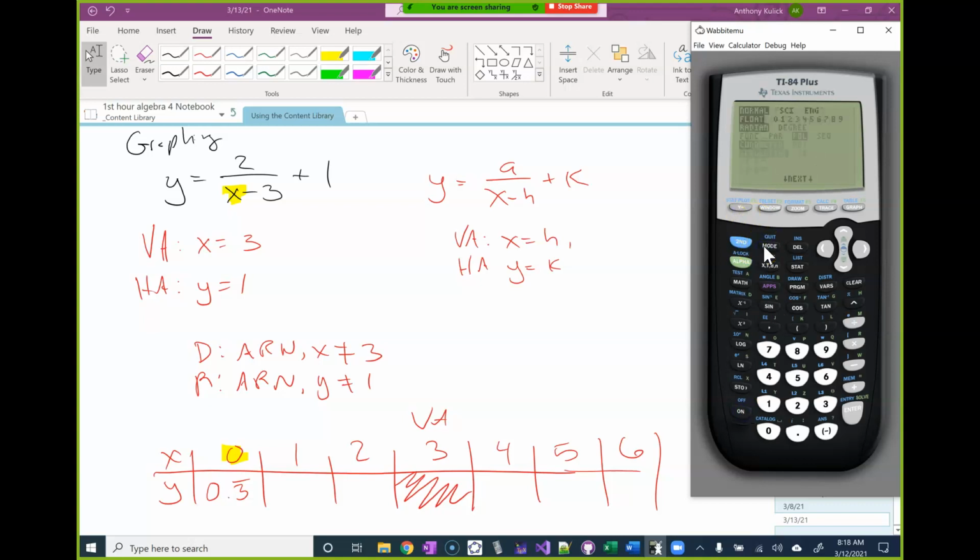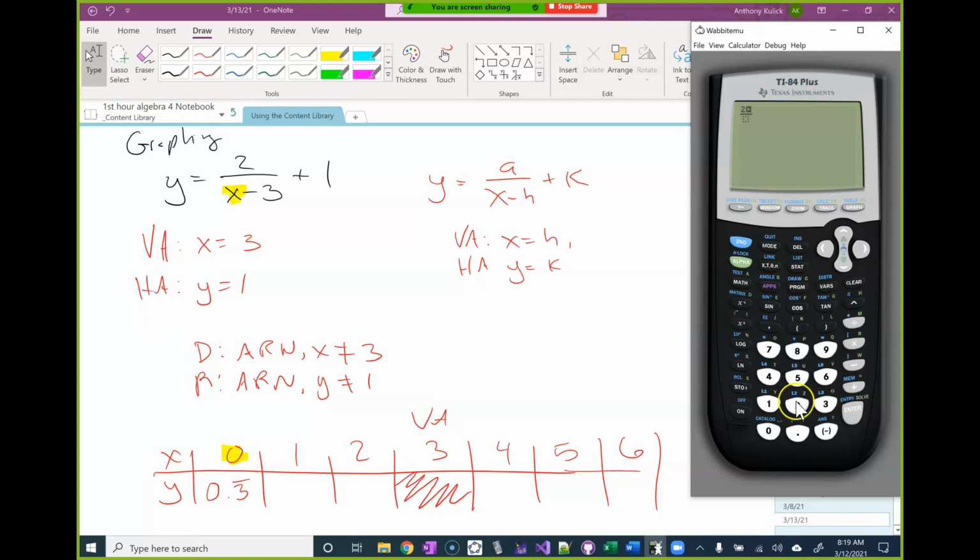All right, so I have to go and change my mode and stuff. I had it set up for a different class, so don't mind what I'm doing right now. What I'm going to do is go to the fractions menu. To do that, I'll do alpha and y equals, and choose the first option, the numerator over denominator.